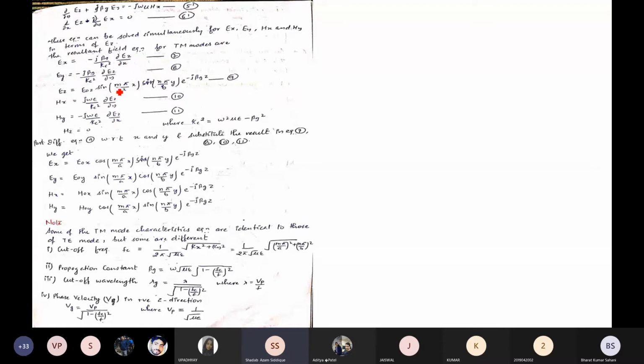Ez is equal to E naught Z sin m pi by a into x, sin n pi by b into y, into e to the power minus j beta g z. We'll take differentiation with respect to x and substitute.